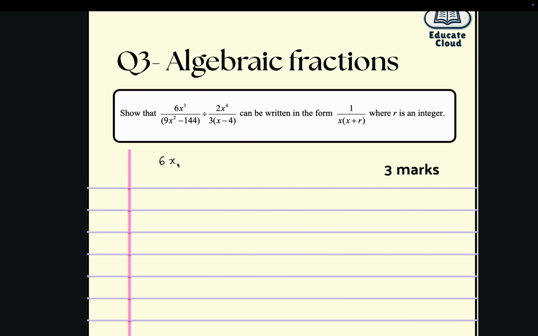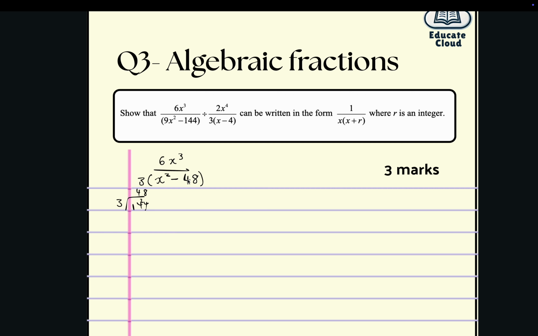We have 6x cubed, which you can't really factorize, so we're going to factorize this. What I could do is divide out the 3, and I will get x squared minus, and then 144 divided by 3 is 48.